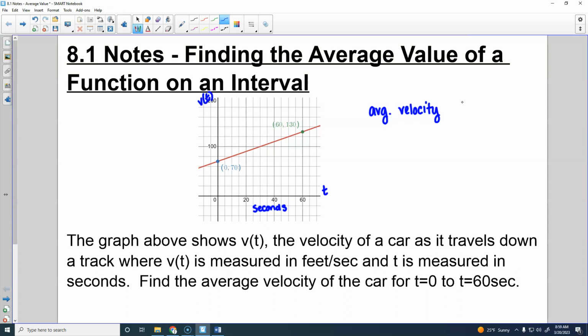If from here to Winston is 30 miles, and it takes us 45 minutes, or 0.75 hours, if we want average velocity, we would just do our distance traveled divided by the time that it took. Or we could think of it as our change in distance over our change in time.